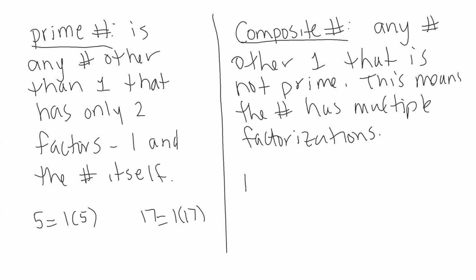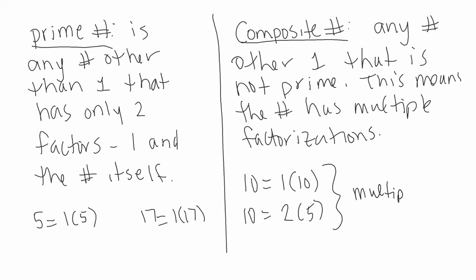All right, so consider the number 10. Well, we could certainly write 10 as 1 times 5, but that does not mean it's prime. And the reason it's not prime is because we could also write 10 as 2 times 5. So you can see here, we have multiple factorizations.